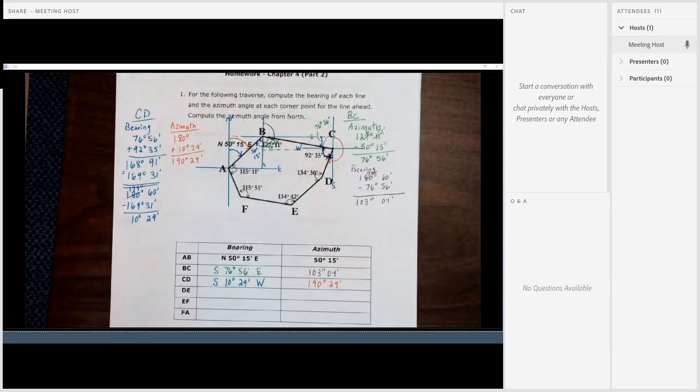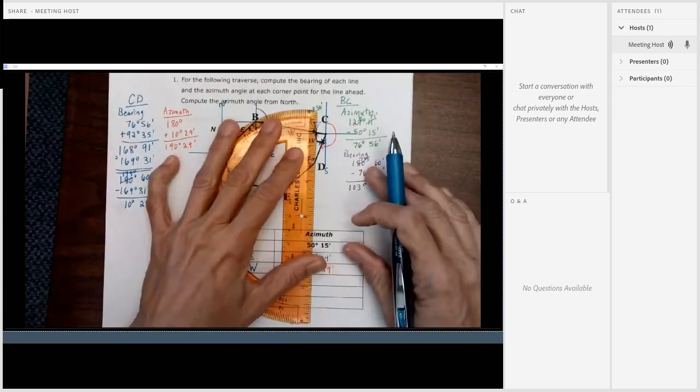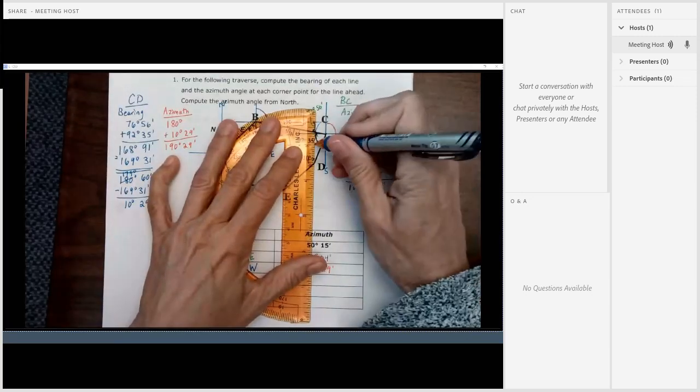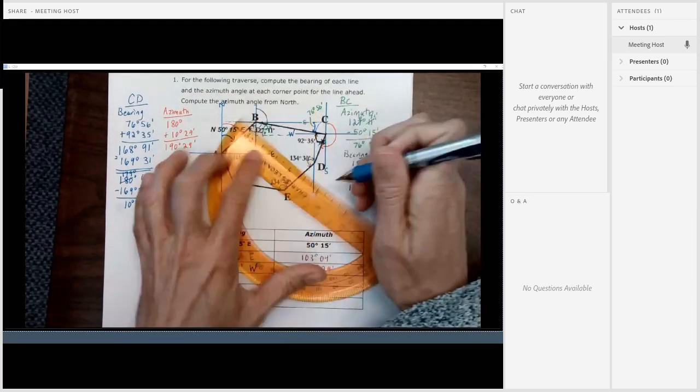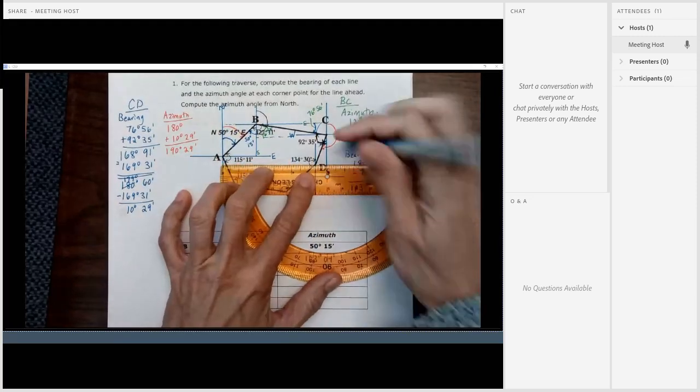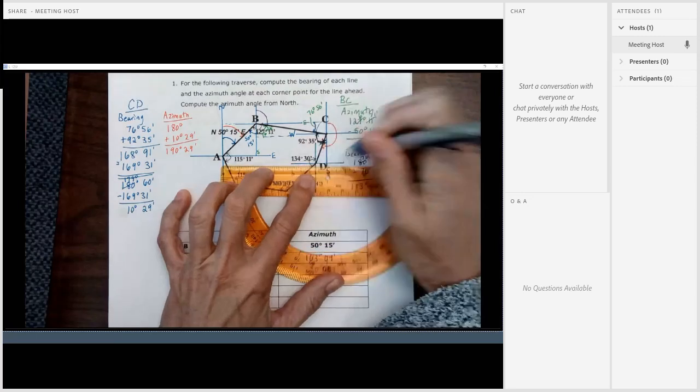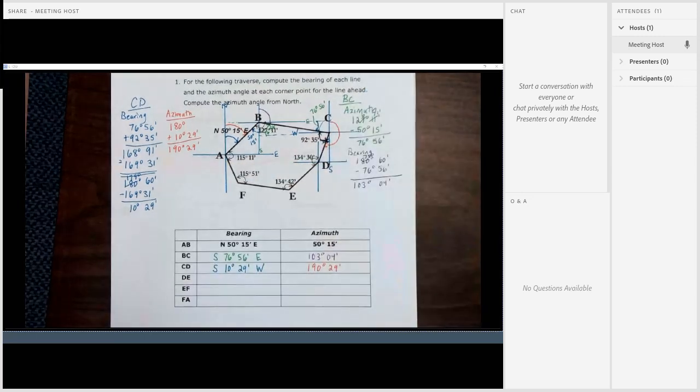All right, halfway there. So let's go to DE here. Put my coordinate grid at D. All right, again, what am I looking for here? I'm trying to find a bearing and an azimuth.